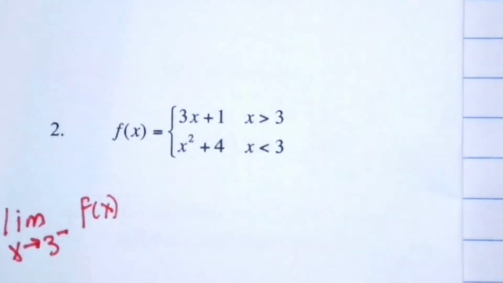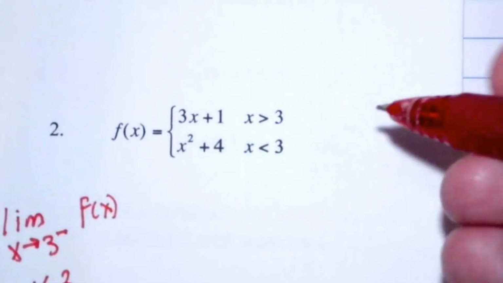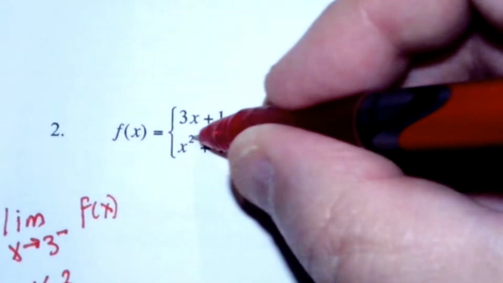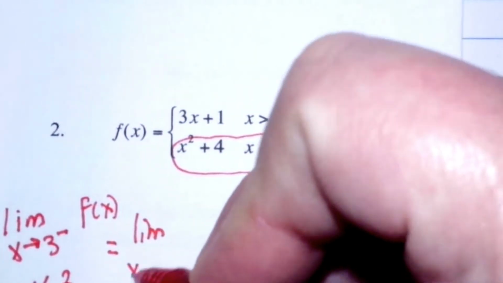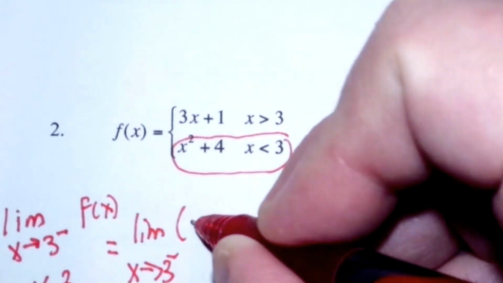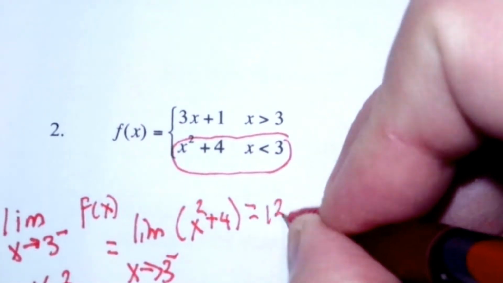So if we want the limit as x approaches 3 from the left of f of x, remember what that definition of the limit from the left means. It means we're talking about values of x less than 3, and if we're talking about values of x less than 3, we're going to be using that definition. And I believe that's going to be 13.